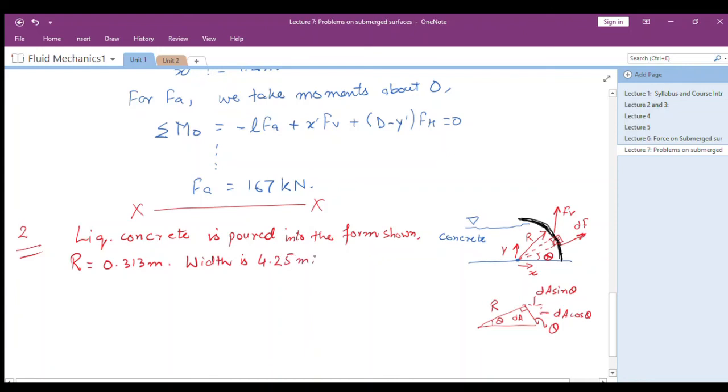Okay, this width is normal to the drawing which you are seeing. What we have to find is the vertical force and its line of action. So what do we need to find? We need to find the value of this resultant vertical force and the location of it. Let's say your origin is O, then from O, where it is, so x dash we need to find. So that's what we have to find in this problem.